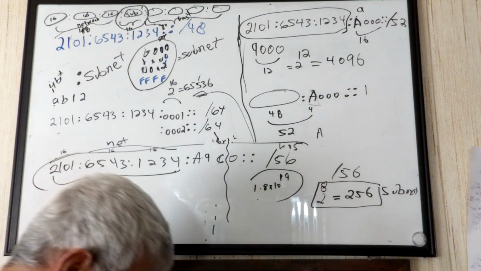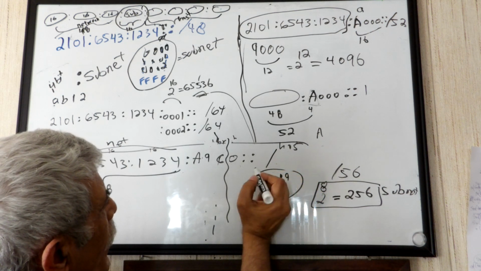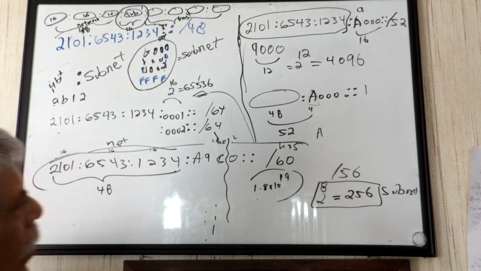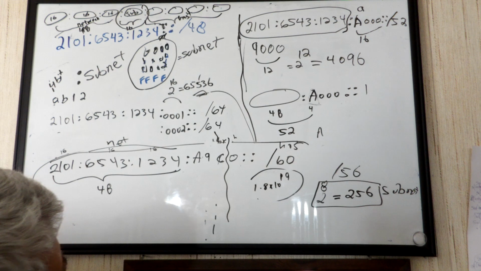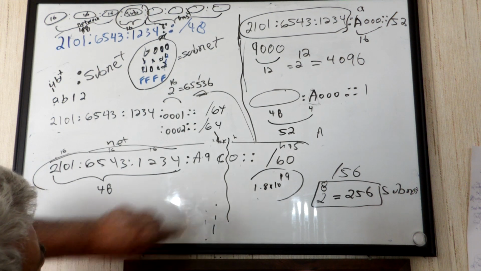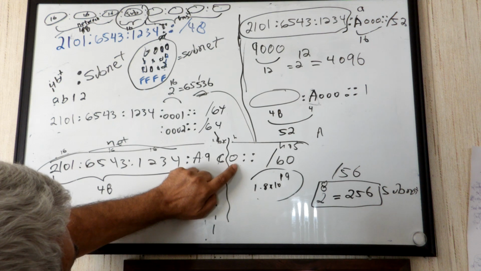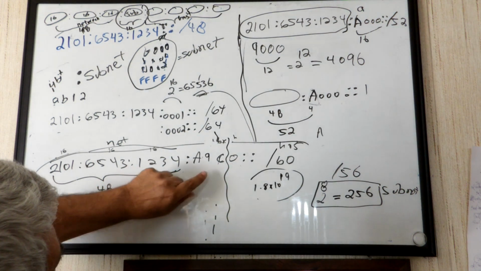So this one here is when it's 52, 56, 60. When it's 60, you only have 1 digit, just for this, it is not part of subnet anymore.